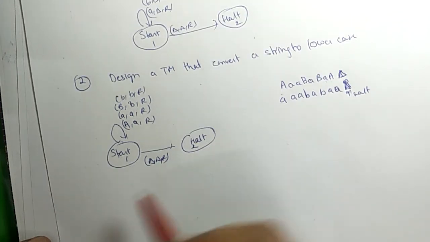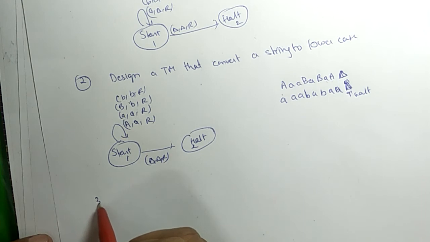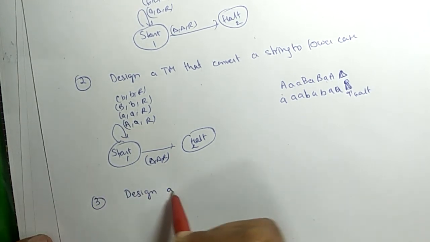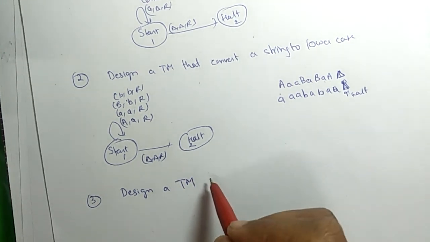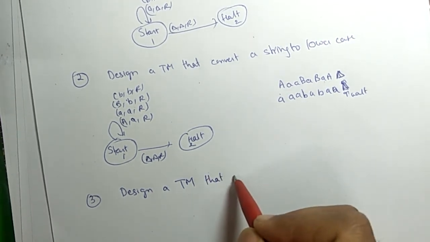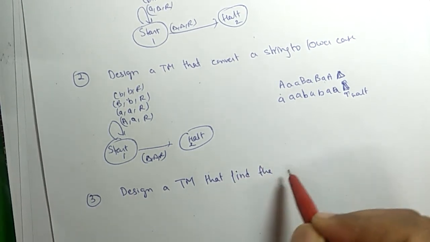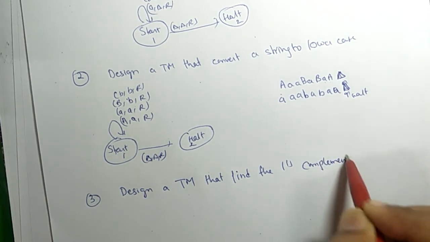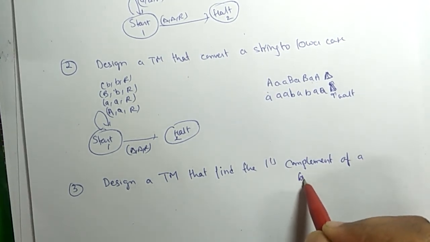Now look at another example. Design a Turing machine that finds the ones complement of a binary string.